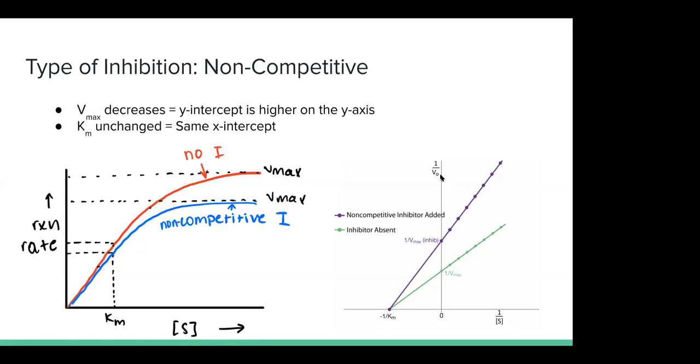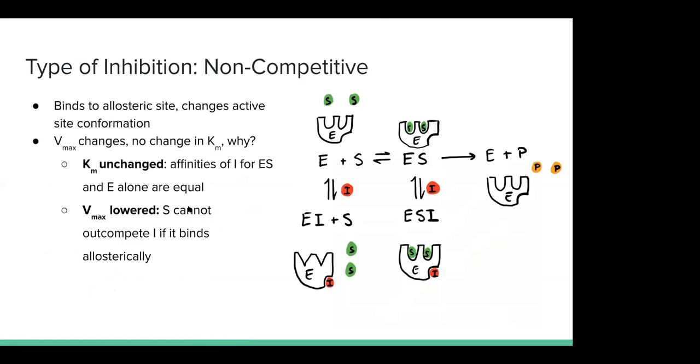You have to think like opposites. But the Km is unchanged, so the x-intercept will be the same.